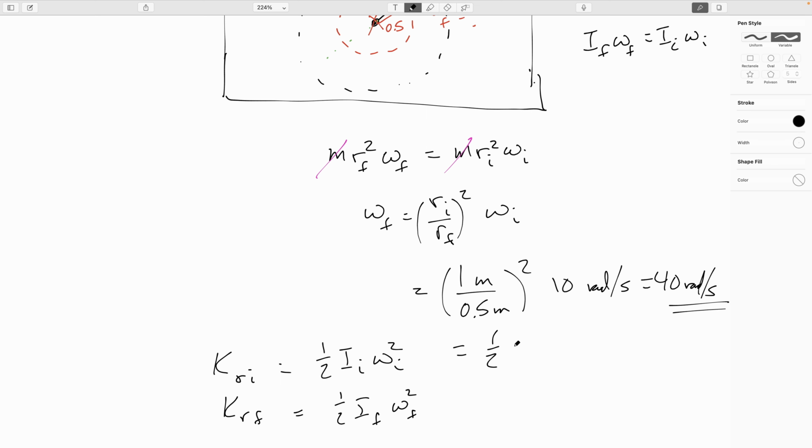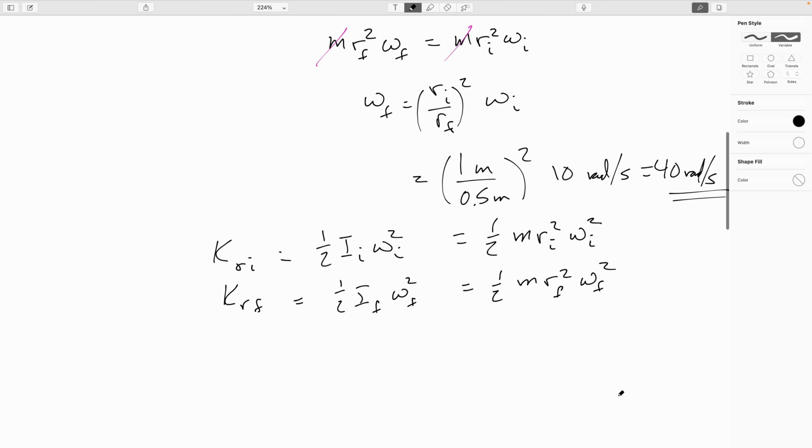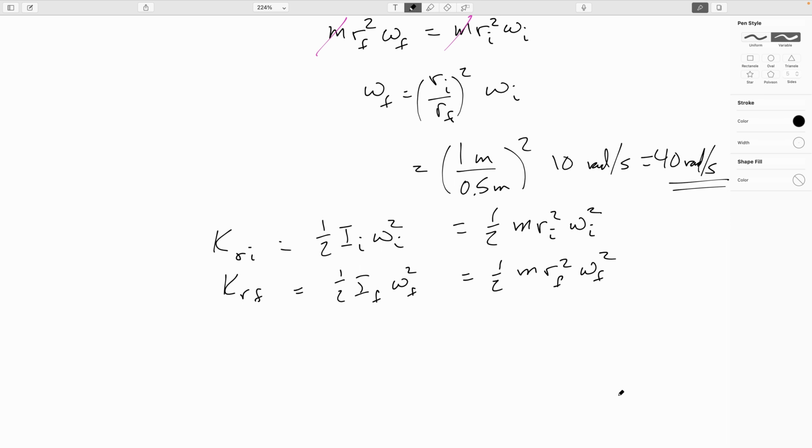So this will be 1/2 m r initial squared omega initial squared, and 1/2 m r final squared omega final squared. Let's get the ratio of the final rotational kinetic energy to the initial.